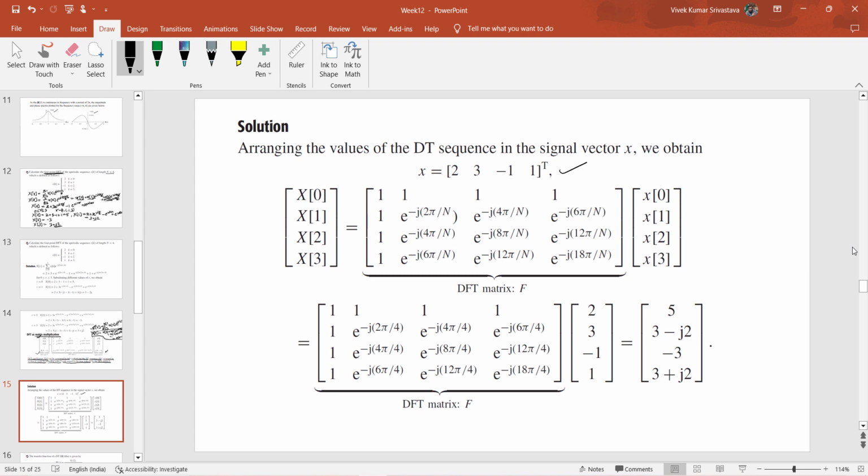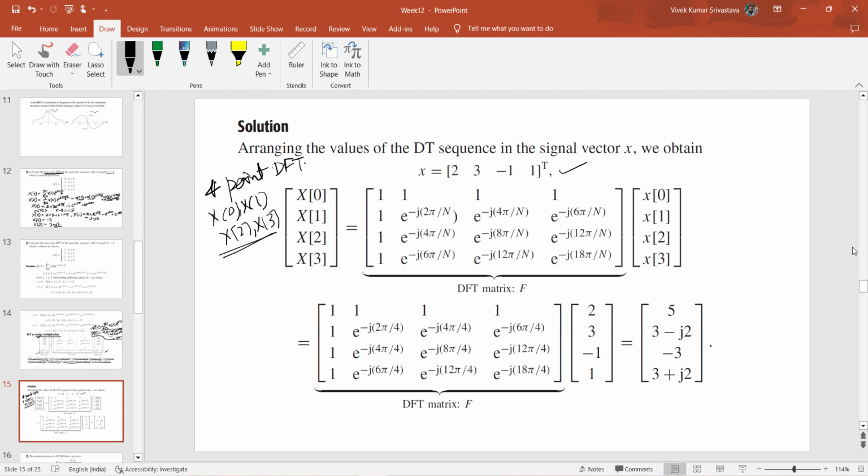As the question states, we have to determine the 4-point DFT. It means that we have to determine only X of 0, X of 1, X of 2, X of 3. So only these four coefficients we have to determine.